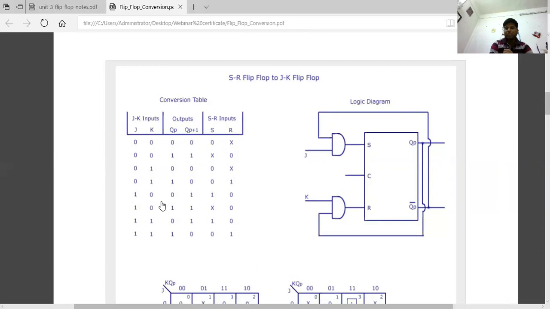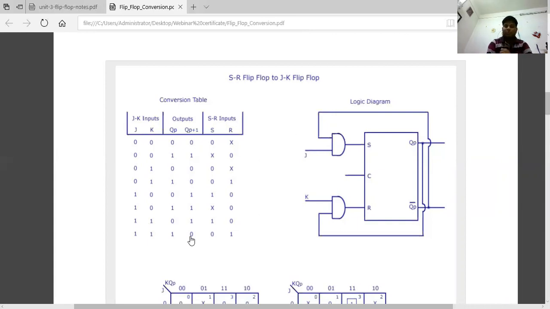In the 1, 0 condition we have to set, so either 1 or 0, it goes to 1. When the JK input is 1, 1, the output is toggle. It means if 0, then the next state is 1, and if 1, then the next state is 0.